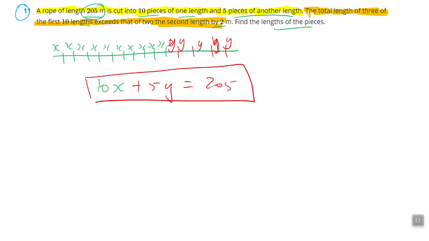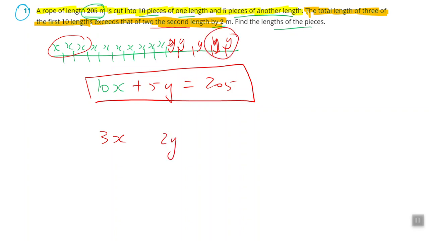The total length of 3 of the first lengths: 3 of the first means 3 of the x's, so it's referring to 3x here. Exceeds that of 2 of the second lengths. So 2 of the second lengths means 2y.